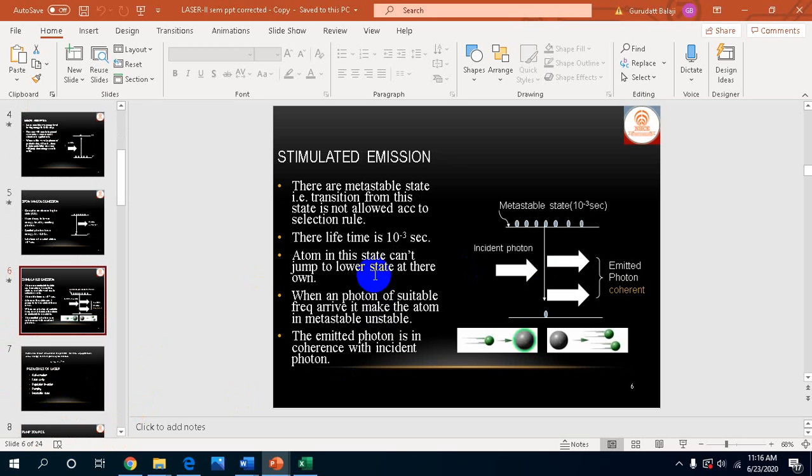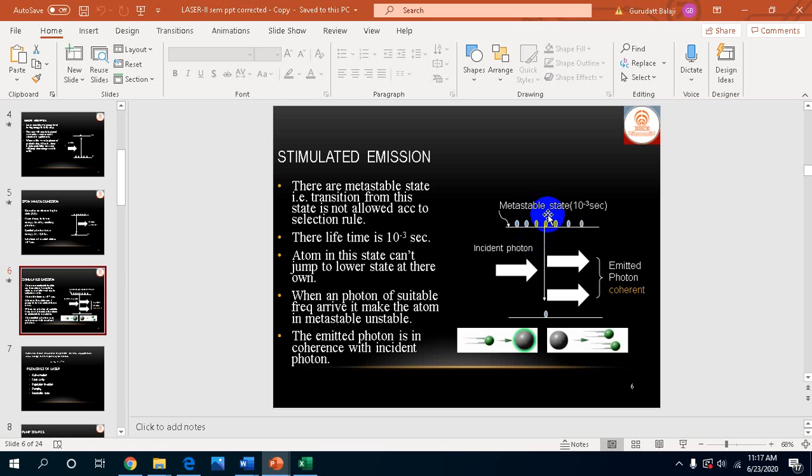Next comes the stimulated emission, which is the most important emission for the functioning of a laser. You can see the two energy levels similarly, and when an atom reaches the excited state, which is called the metastable state. What is the meaning of metastable state? It is one in which the atom stays for a period of 10 power minus 3 seconds. So it is quite stable compared to the ordinary lifetime of an atom, and it can't jump to the lower state on its own.